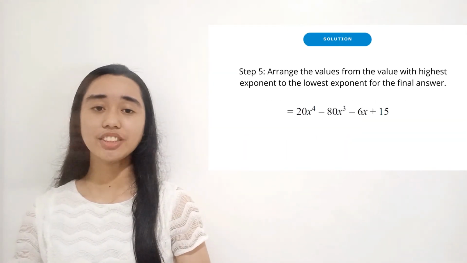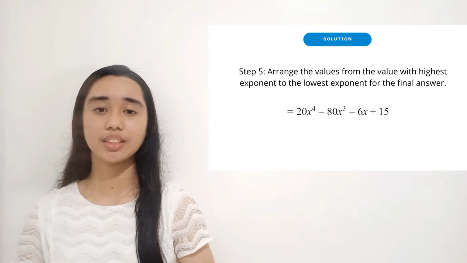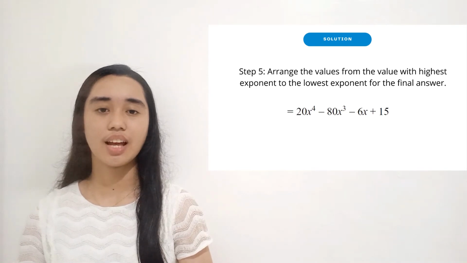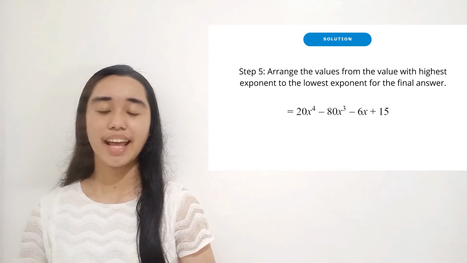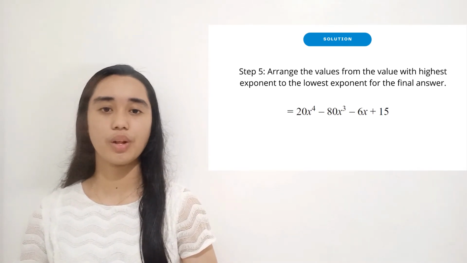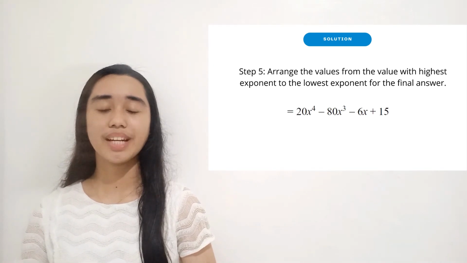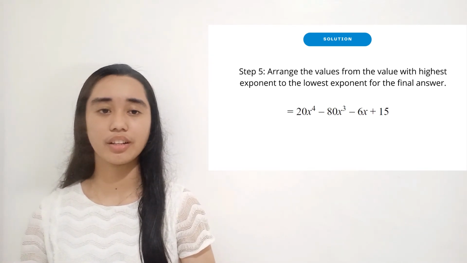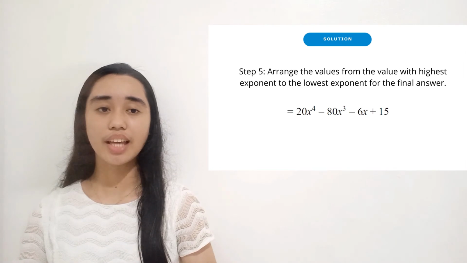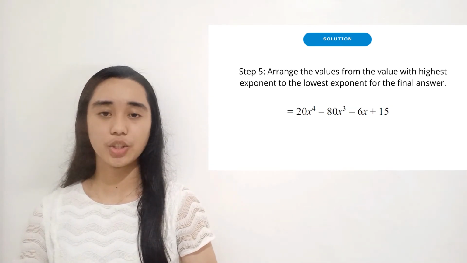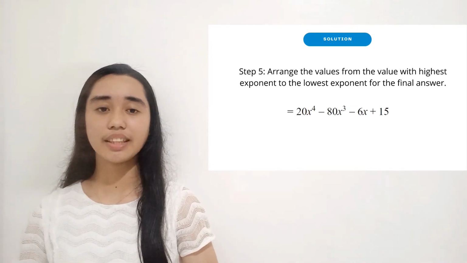Lastly is to arrange its values from the highest to the lowest exponent to get the final answer. As we can see, we can add 8x to the power 4 with 12x to the power 4, so we now have 20x to the power 4. We can also combine negative 20x cubed with negative 60x cubed, so it will become negative 80x cubed.